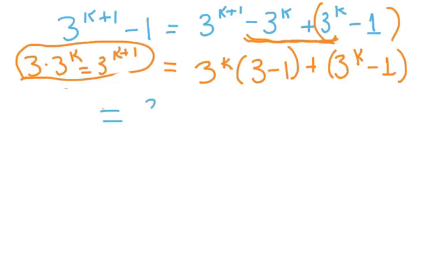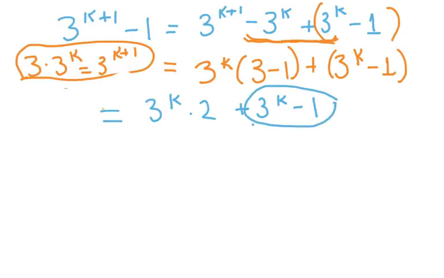Now what I'm going to do is clean this up. So this would be 3 to the k times 2 plus 3 to the k minus 1. Now I'm going to clean it up further, and notice that we already proved that this is divisible by 2, because I plugged in 1, and we got 3 to the 1 minus 1 equals 2.